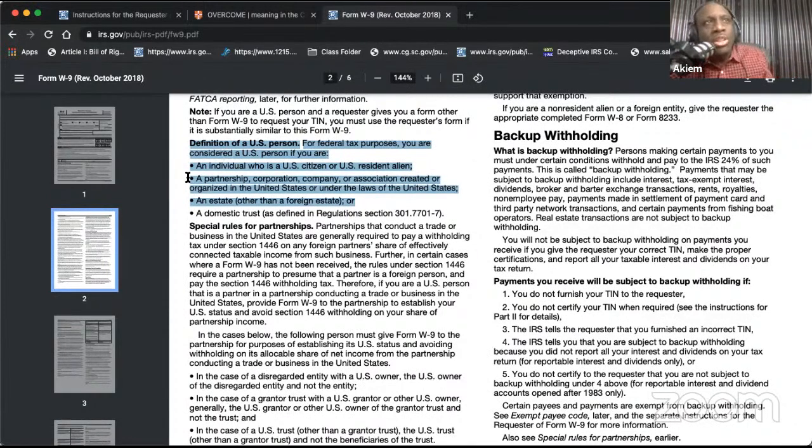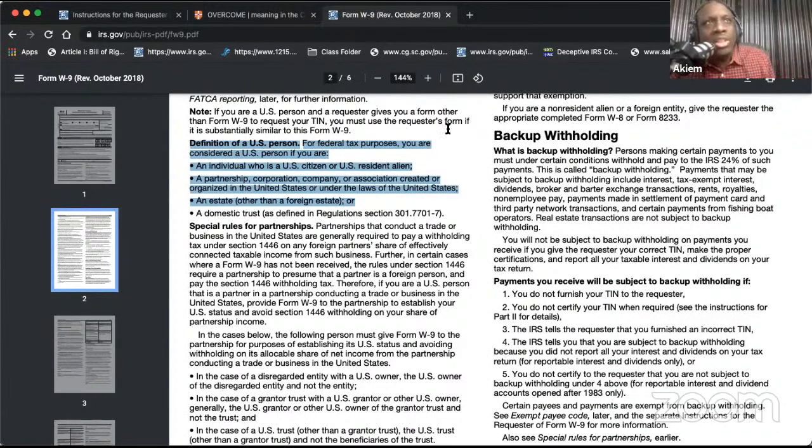An individual who is a U.S. citizen or U.S. resident alien, a partnership. So what is a U.S. resident alien? Someone who goes and gets that green card and says, I want to be here and I need your permission. Give me the green card. I'll be a U.S. resident alien so you can tax me. And now I can go work. That's their working papers, right?